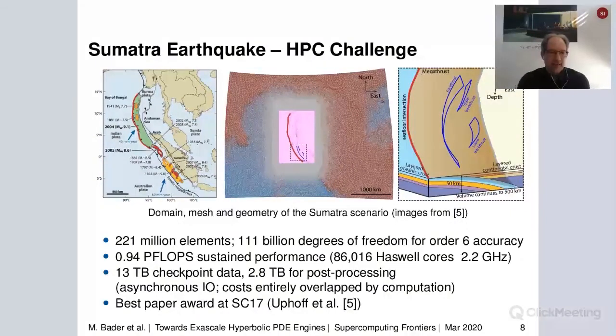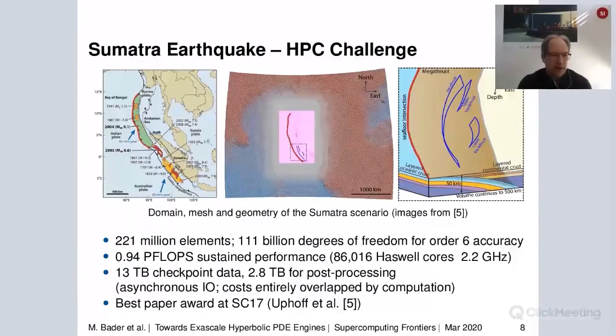In terms of HPC, the largest meshes that we were using for this method were about 200 million elements. If you do that at order 6 accuracy, you have about 500 degrees of freedom per element. So that leads to 100 billion degrees of freedom in the entire simulation.